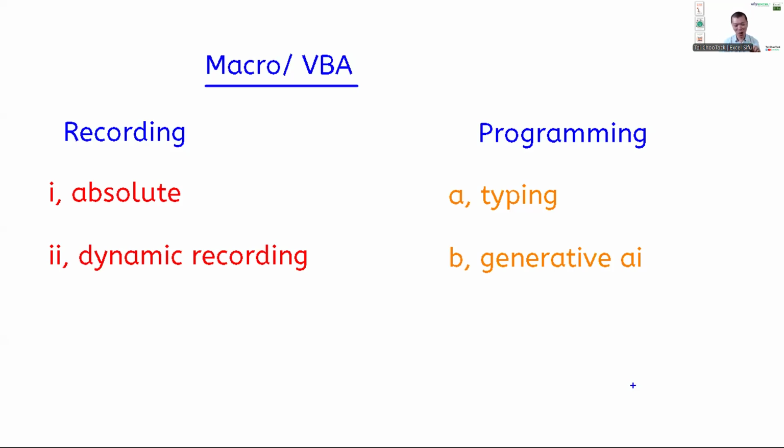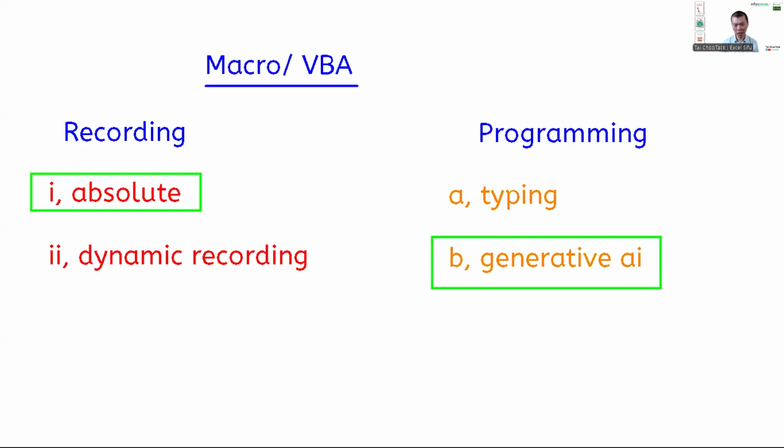So I have a little bit more ideas. To make things a little bit easier, I will start with recording, absolute. And then I will add on generative AI. And in between, I will show you something called debugging.